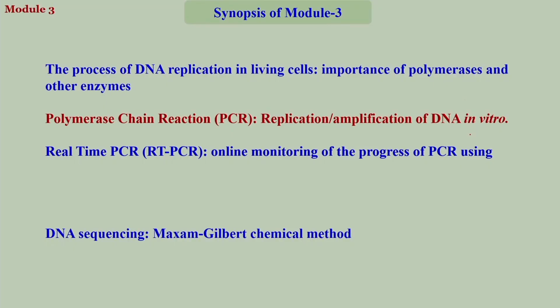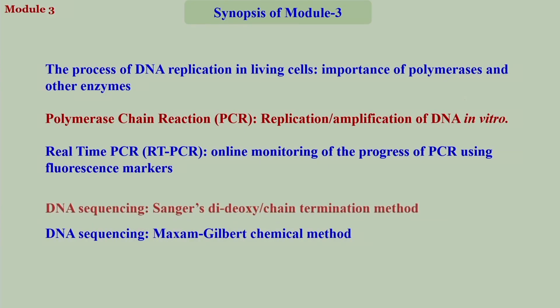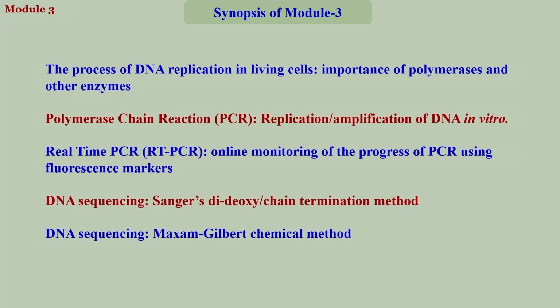Third, real time PCR, how can you monitor the PCR that is going on, how can you monitor whether you are getting your correct DNA amplified or not using fluorescence tags or fluorescence markers. And then DNA sequencing, we have covered the Sanger's method, which is the dideoxy method, also known as the chain termination method. And finally today we have covered the Maxam Gilbert method for DNA sequencing. Thank you.